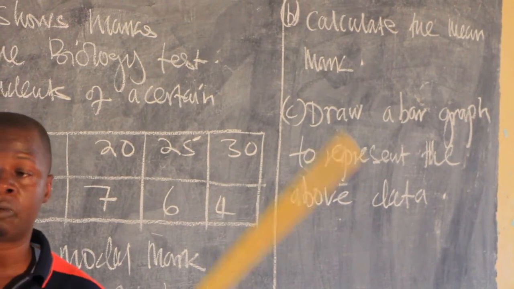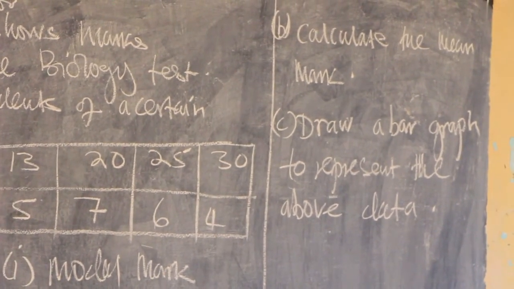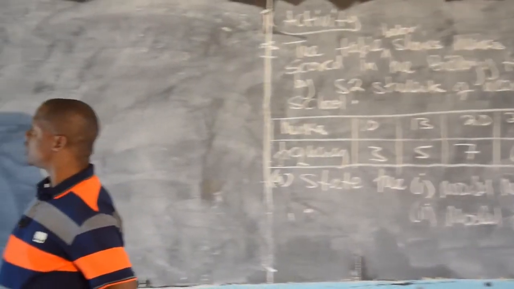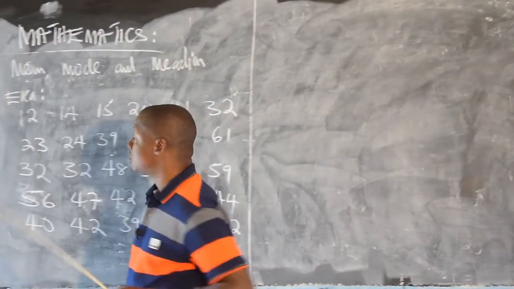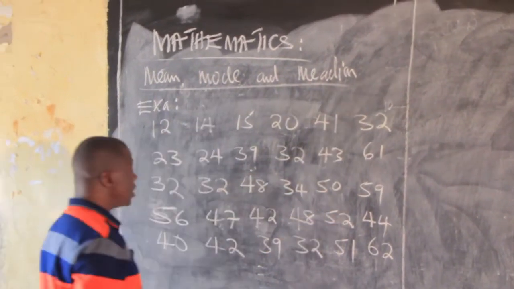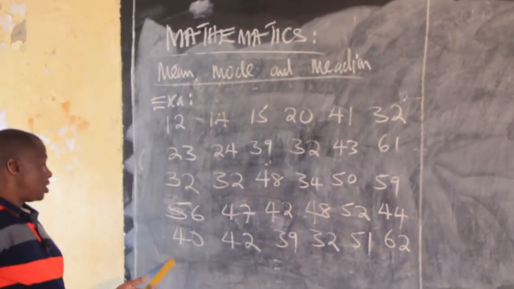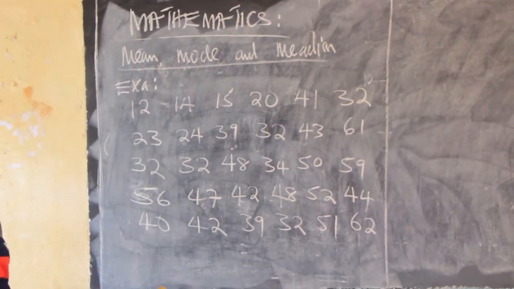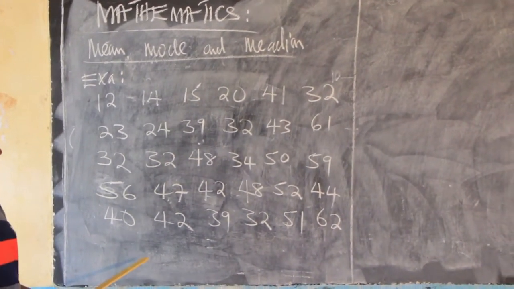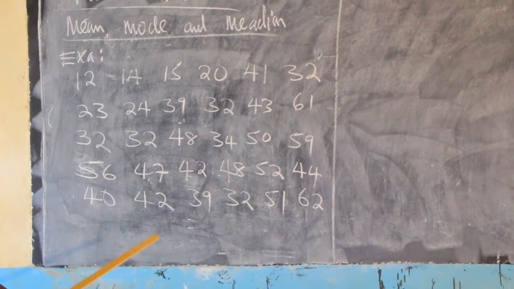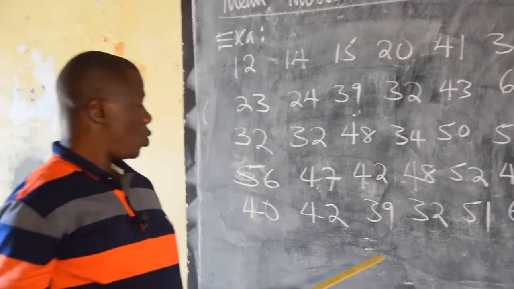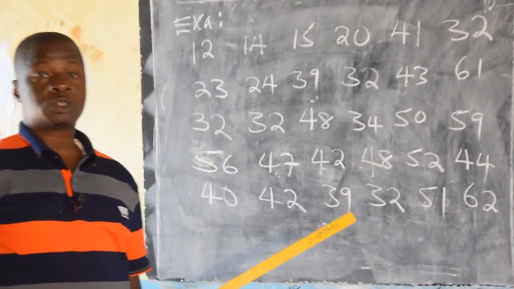That is on grouped data. We are going to look at grouped data. We have our example here. The data above shows marks scored by the students in a senior 2 class of a certain school.